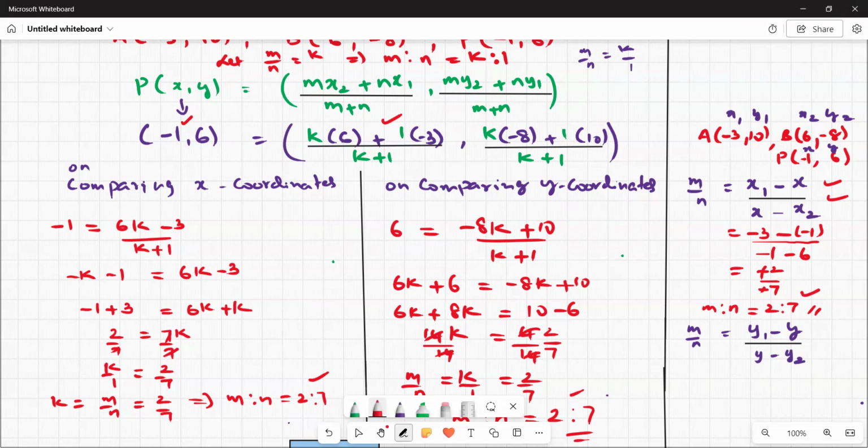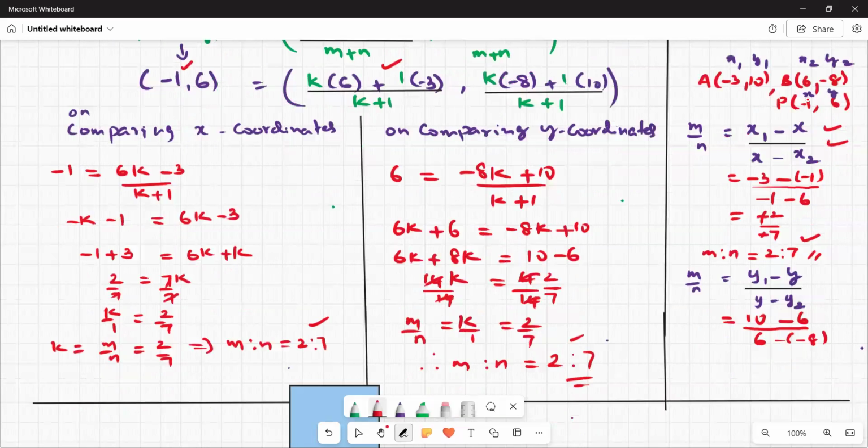What is your Y1? Y1 in the condition is 10. Minus Y. Y value is equal to 6. 10 minus 6 upon, what is your Y once again? Y is equal to 6 here. Minus Y2. Y2 is equal to what? Minus 8. So minus of minus 8.